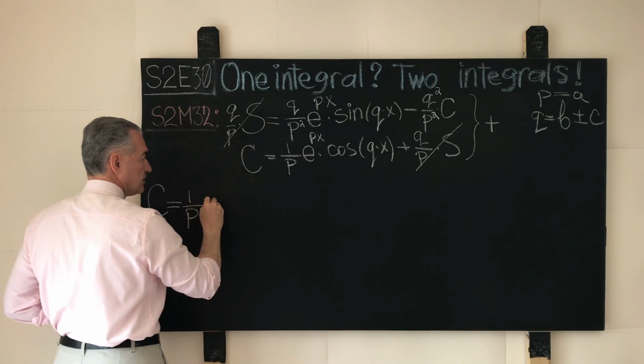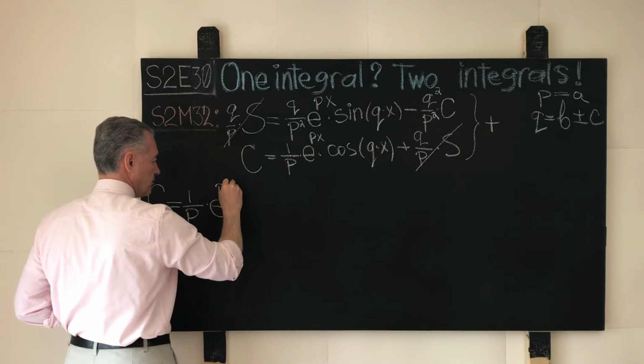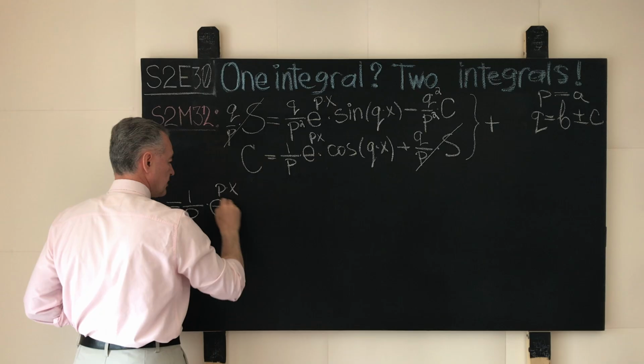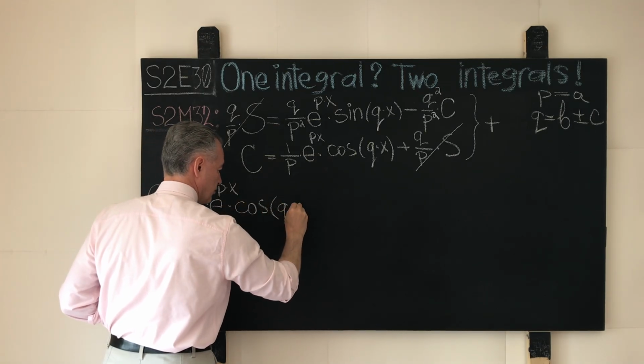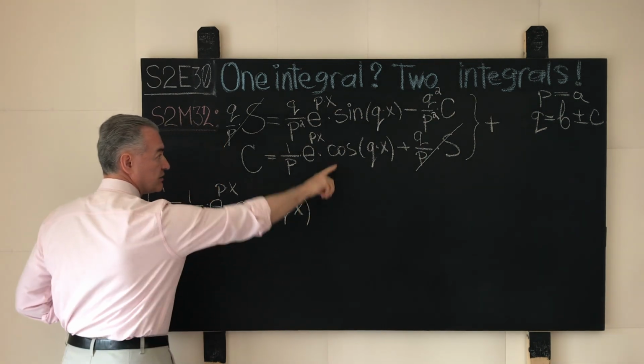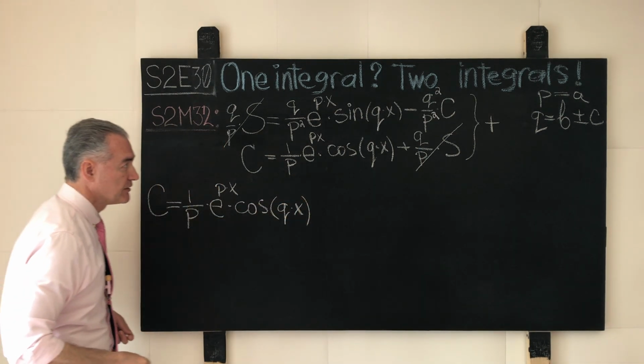1 over p times e to the power p times x times the trigonometric function of cosine evaluated at the argument q times x. It's this guy. Everything is transparent.